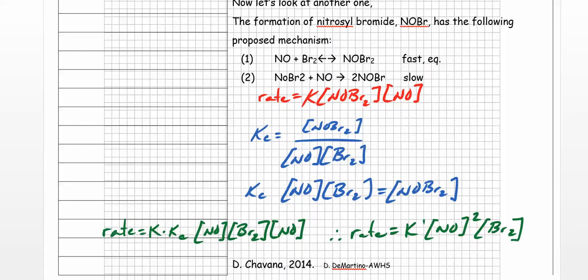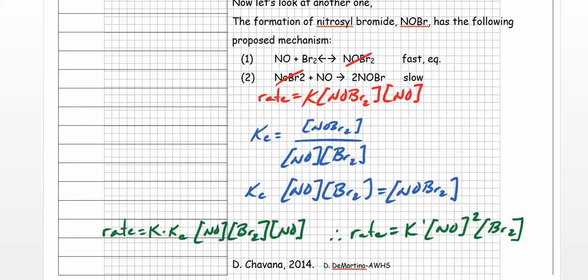But I have a problem. And the problem is that I recognize that NOBr2 is an intermediate, right? It cannot be in the rate law. So how do I deal with that?